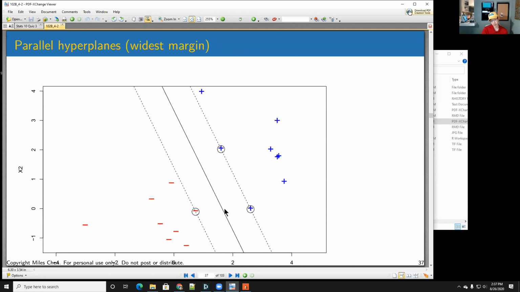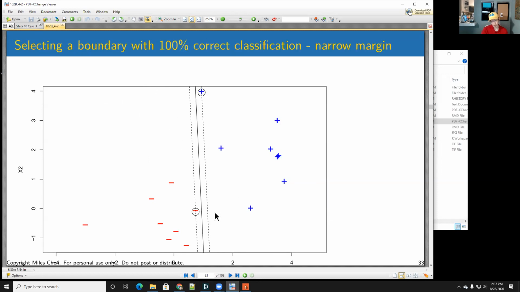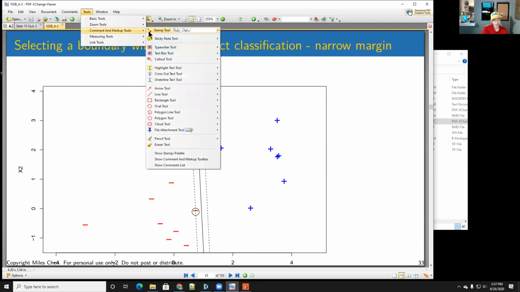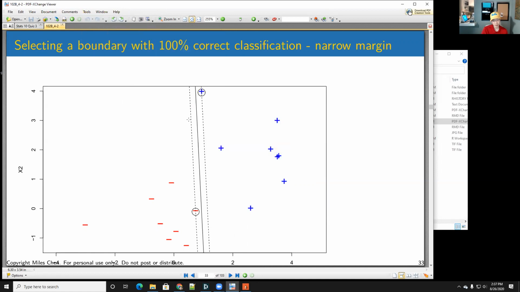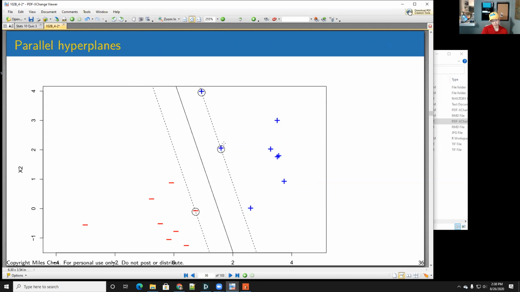So right now, we said this is kind of the optimal boundary, okay? But what if I put in like a blue dot right here, okay? If I put a blue dot right here, or here, if I put a red dot right here, then this will have to be kind of the optimal boundary, because over here, if I put the red dot, then this would be misclassified under the traditional answers.